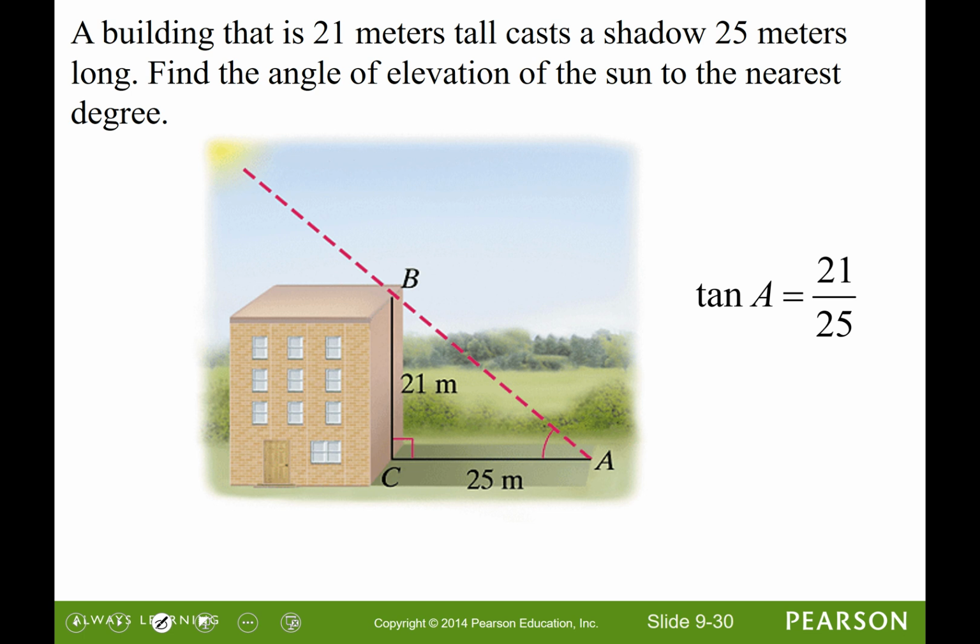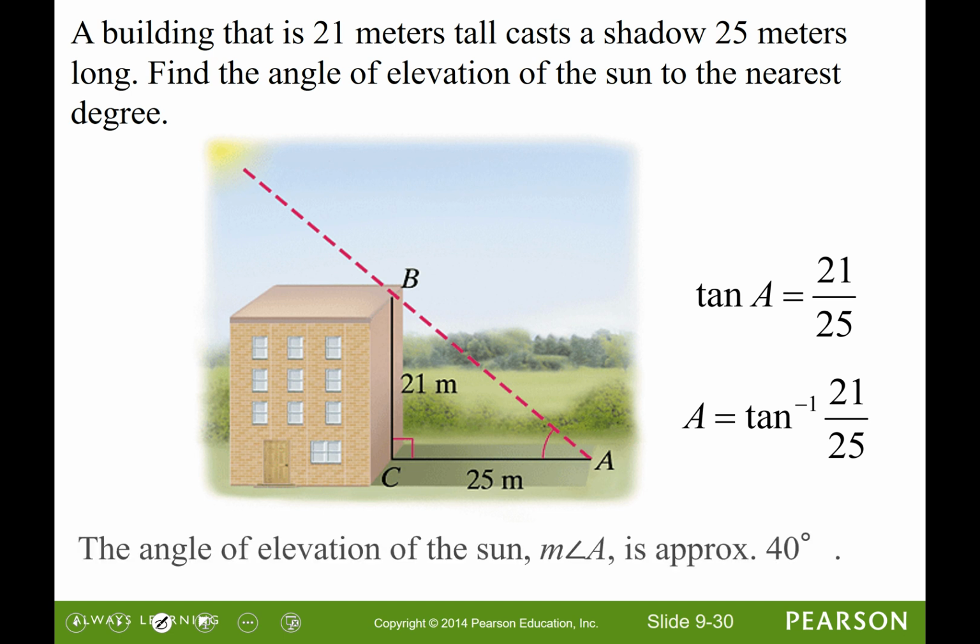There are others you could have used, but if you went with that one, nice equation there. Solving for A by doing tangent inverse of both sides of your equal sign, and typing in tangent inverse 21 over 25, approximating to the nearest degree would tell us that angle A is approximately 40 degrees.